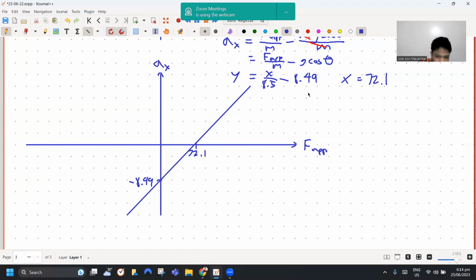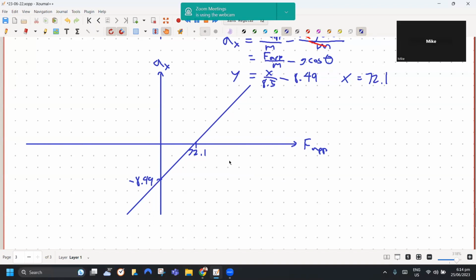The acceleration will likely, tingnan po, by constant intelligence. So yung pag negative yung F applied, so pinapush na siya. Acceleration's negative. Ito ba yun?